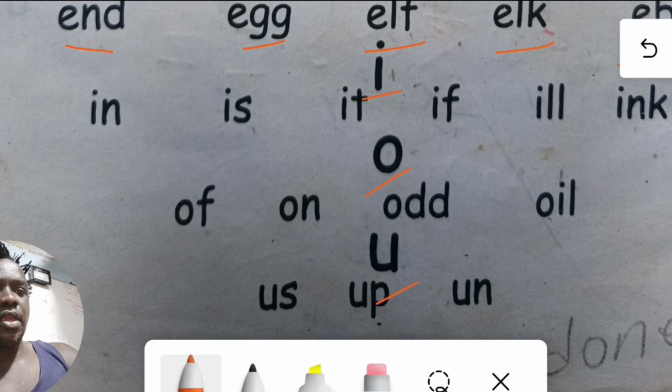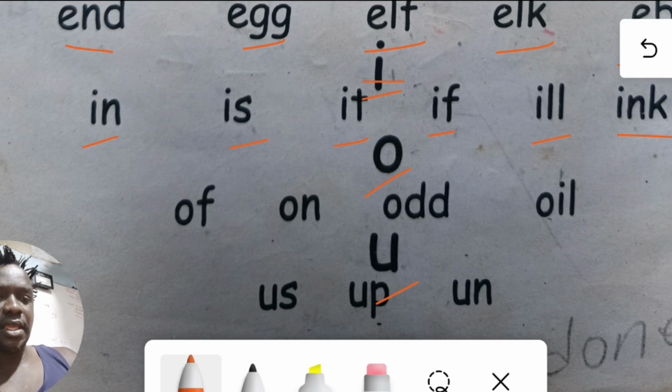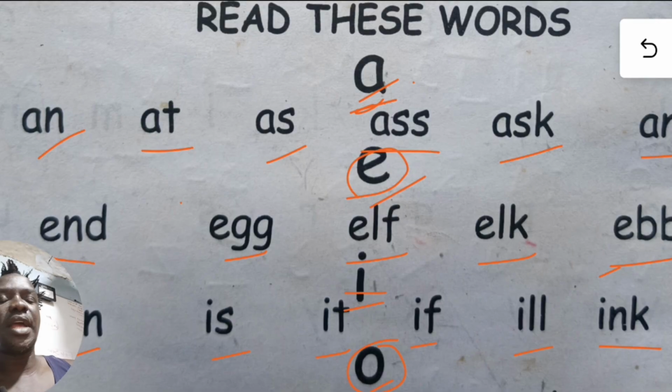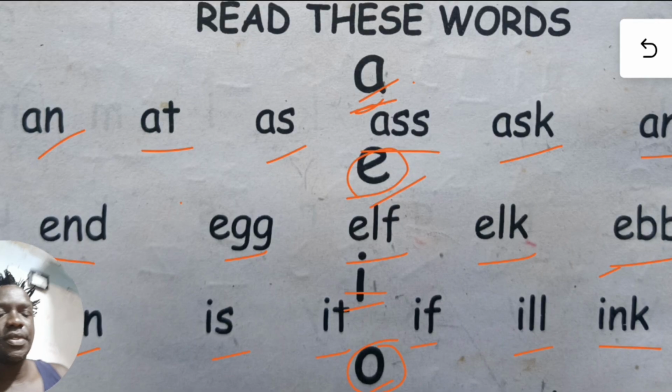Then for i, we have in, is, it, if, ill, ink. Then for o, we have off, on, odd, oil. Then for u, we have us, up, and. That is how easily we can read words that have the sound of a vowel letter.